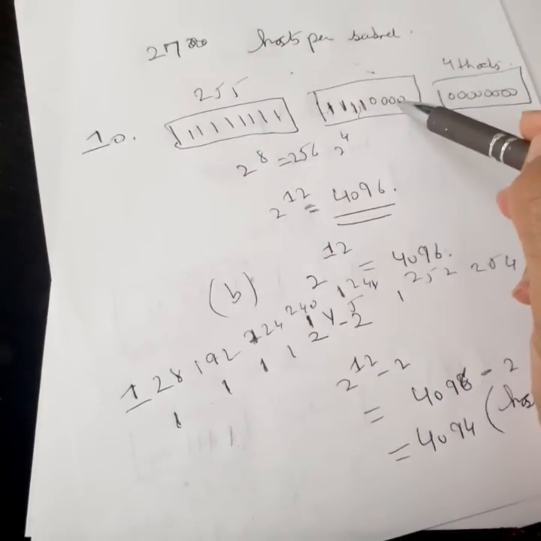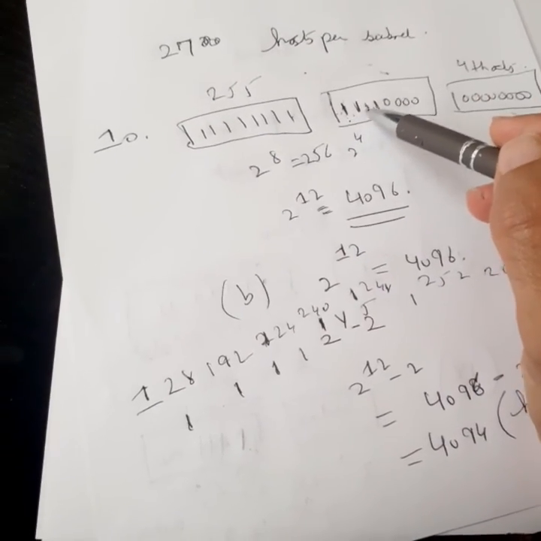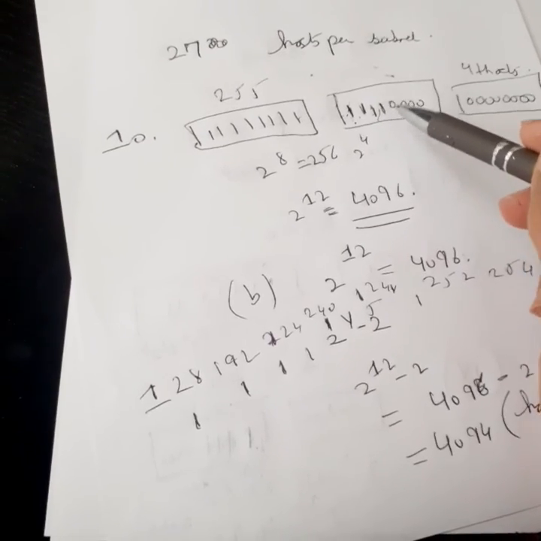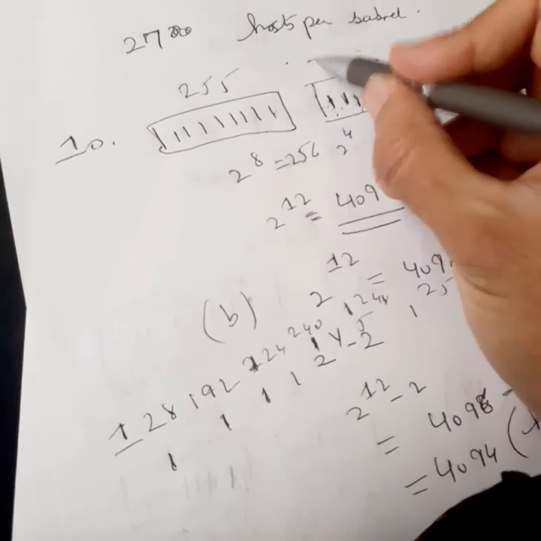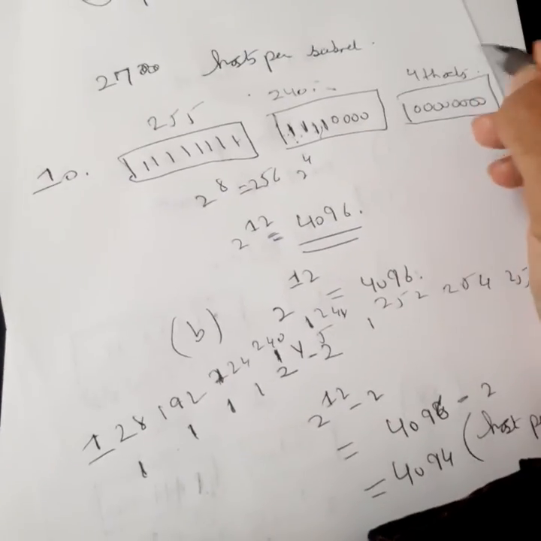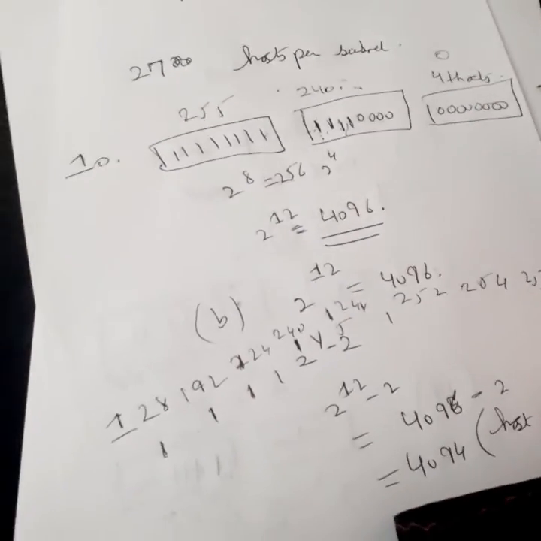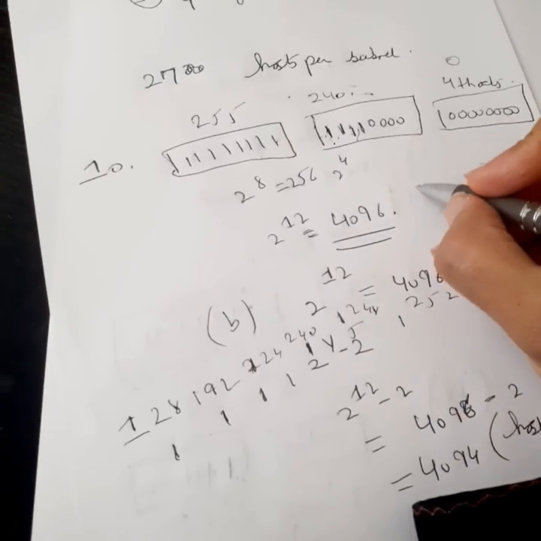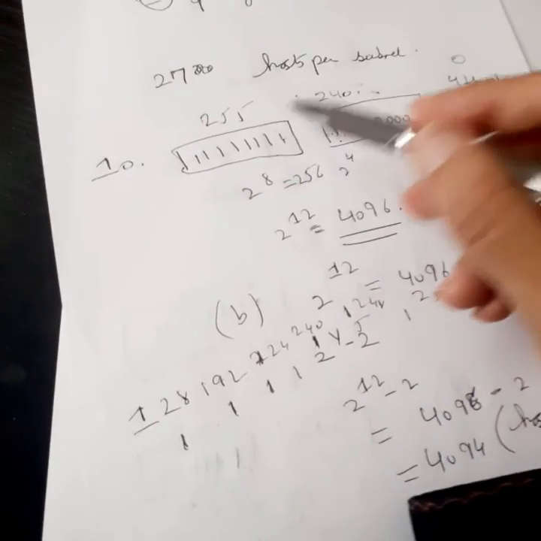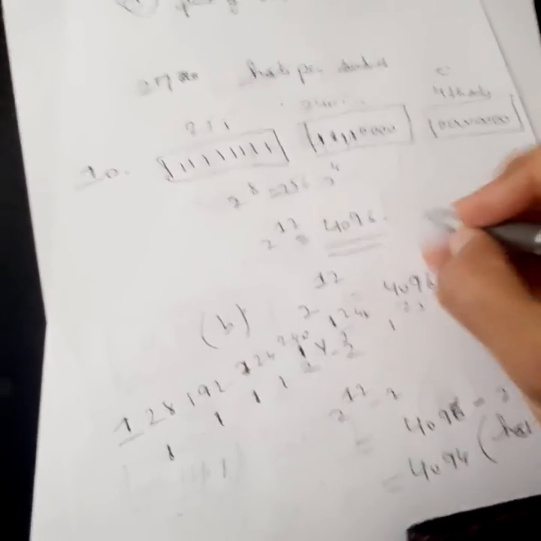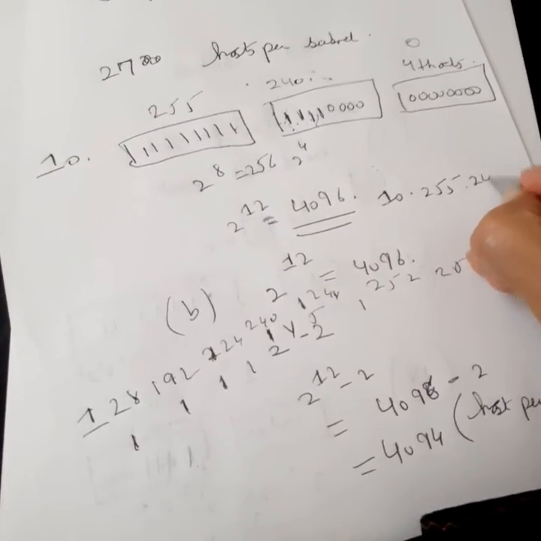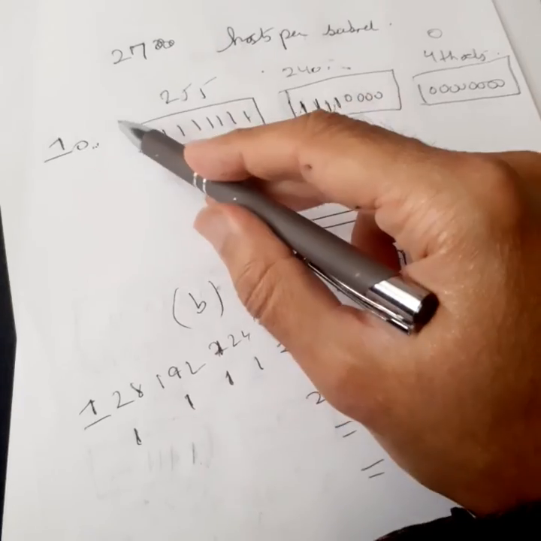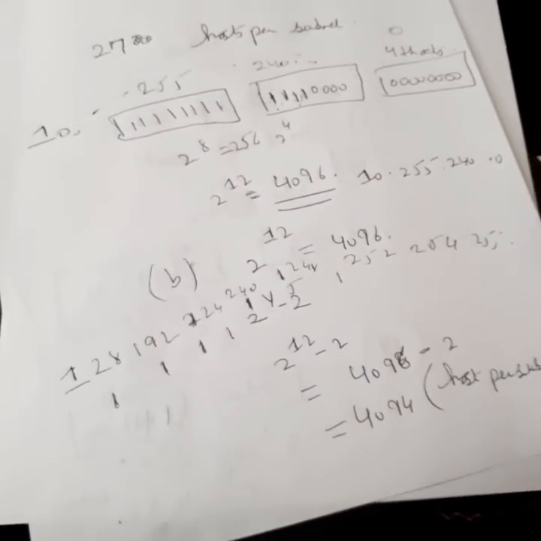So now here we only converted 4 bits into 1. So, ladies and gentlemen, everyone, that's going to be 240. And this fourth octet has all zeros, so that's going to be 0. So just for future reference, if they only want you to find out what the subnet mask is, that's going to be 255.255.240.0.